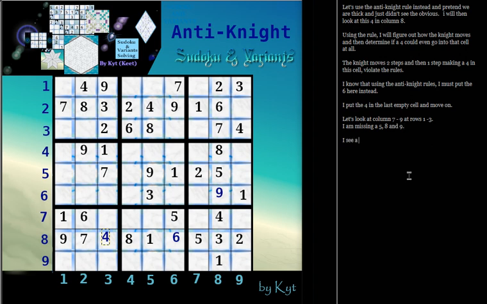I see a 9 in row 1, so I know I cannot put a 9 here. I see a 9 in row 2, so I know that here is a no-go.